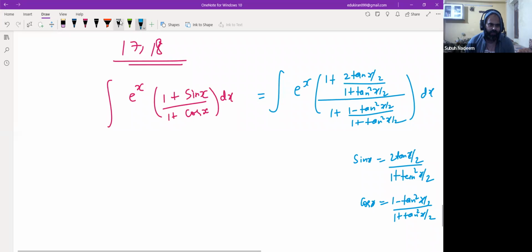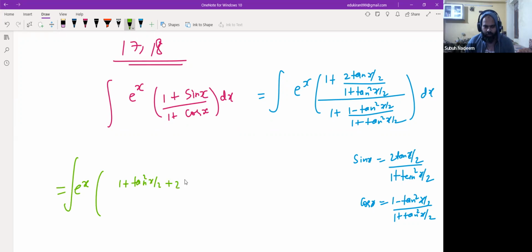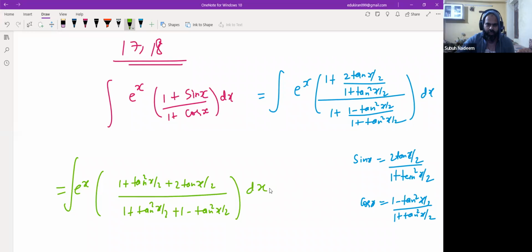This you can write. Next step, you take the LCM in the numerator and denominator. It will be 1 plus tan square x by 2 plus 2 tan x by 2, and in the denominator, 1 plus tan square x by 2 plus 1 minus tan square x by 2. And 1 plus tan square x by 2, which is the LCM, will cancel from the numerator and denominator.